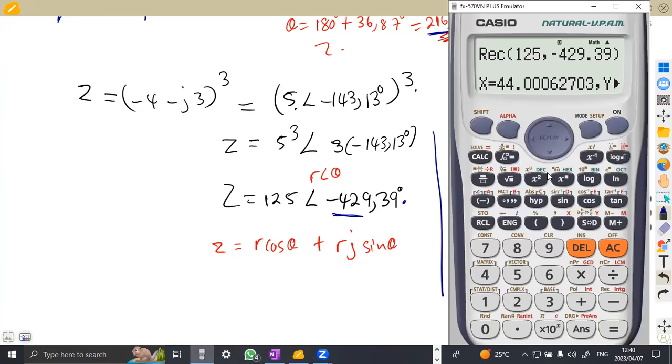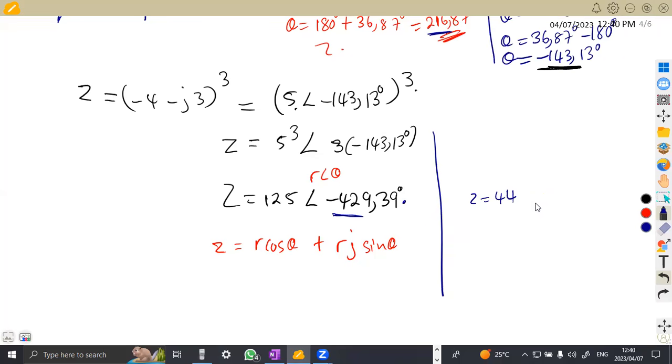Then y is representing the imaginary. So y is equal to minus 116.999 and so forth. If you round off, this is going to be minus 117. So this is going to be minus j117. So this is your answer.